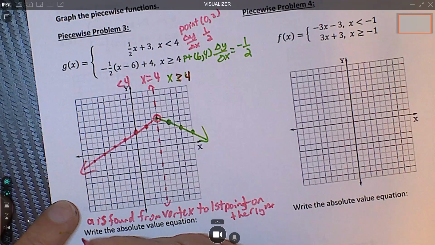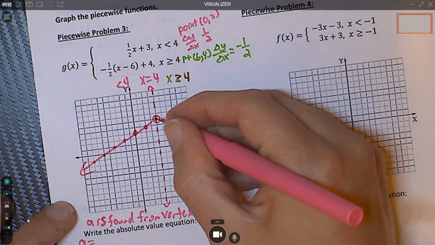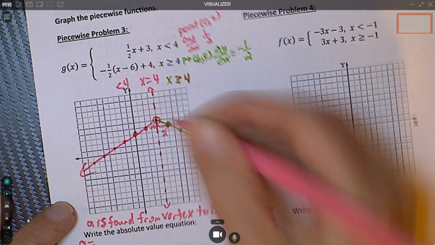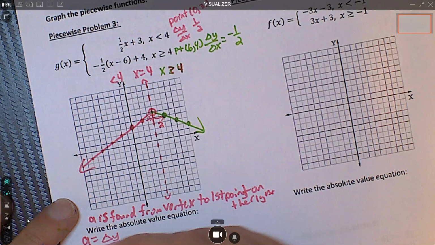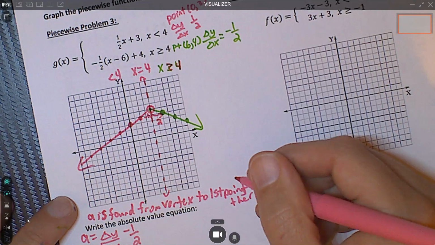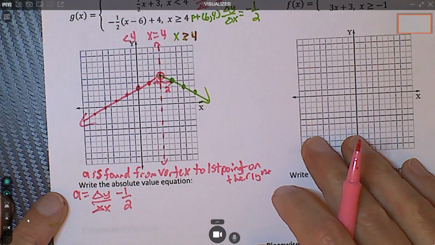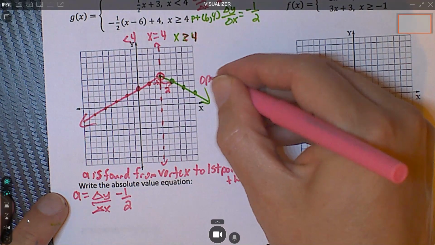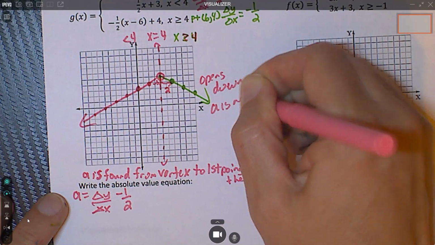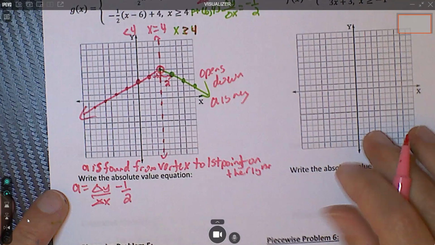So A is fall 1, run 2. So that's how you find A. It opens down. So that means A is negative. But you still have that 1/2.